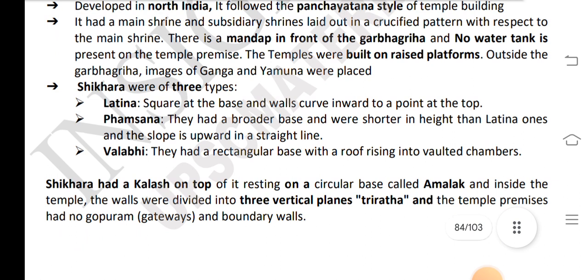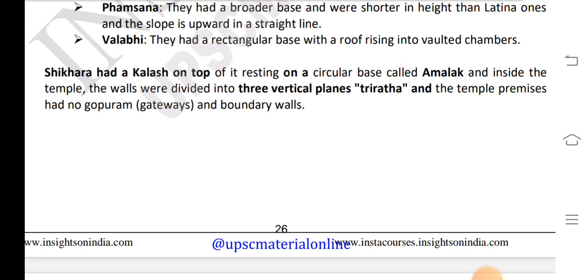Shikharas were of three types. Latina: square at the base, and the wall curves inward to a point at the top. Phamsana: they had a broader base and were shorter and higher than the Latina ones, and the slope goes upward in a straight line.